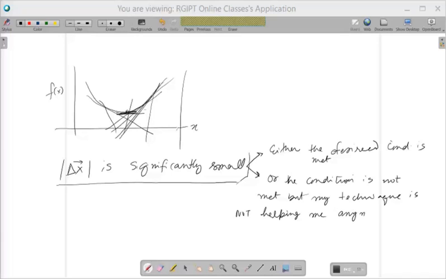That is another reason you should stop, right? If you know that you're not getting anything out of your current technique, then you have to stop, because it's not going to help you. Why let it run?